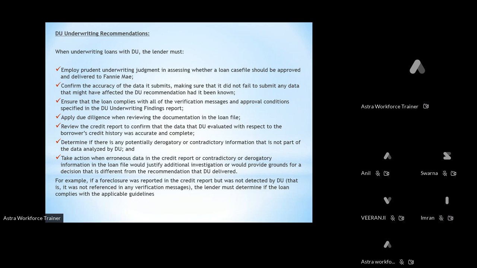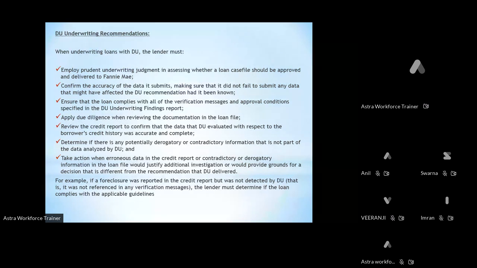Confirm the accuracy of the data submitted, making sure that no known data that might have affected the DU recommendation was left out. Say, for example, the AUS mentions a bankruptcy that is paid off, but the credit report states that the bankruptcy is still on, not closed yet.